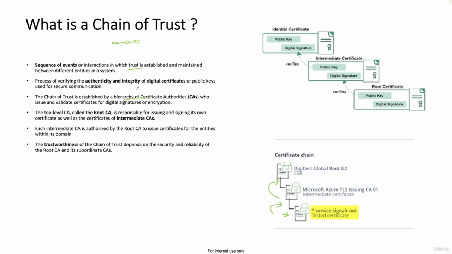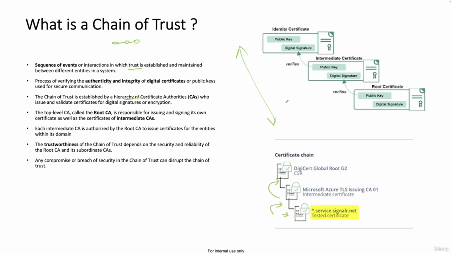The trustworthiness of the chain of trust depends on the security and reliability of the root CA and its subordinate CAs. So how this whole trust is formed is due to the security and reliability of the root CA: how robust the security mechanisms they have are, and what kind of encryption algorithms they are using. It's very important for the trustworthiness of the chain of trust. Any compromise or breach of security can disrupt the chain of trust.